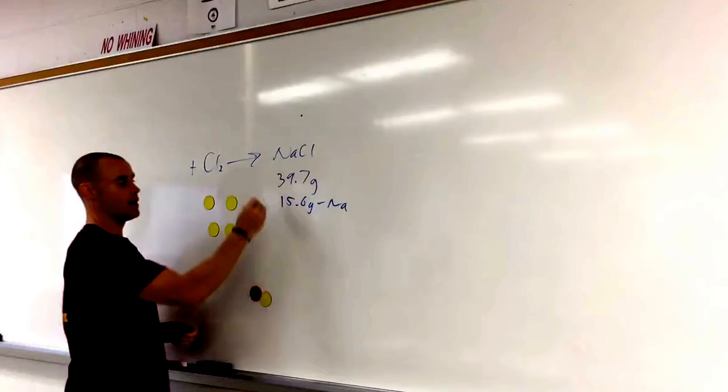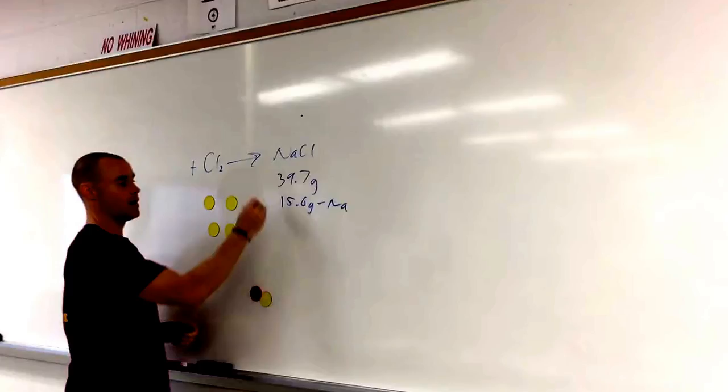Let's do the math. What's the mass of 2 hydrogens? You can look over there, or you might already know it. What's the mass of 1 hydrogen? 1 gram. So this is 2 grams, right? You have 2 H's? Okay. What's the mass of 2 oxygens? 32, right? So 15.999 rounds up to 16. So this is 32 grams. Okay.